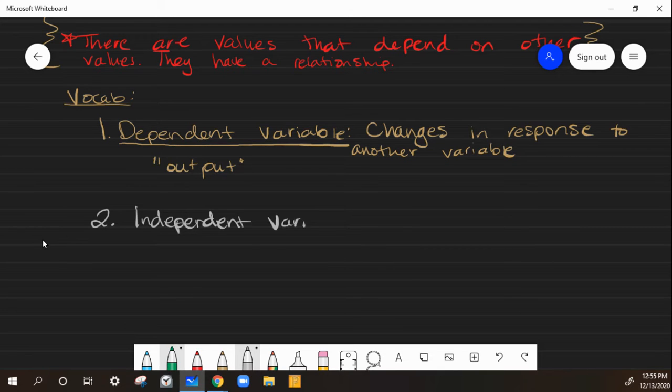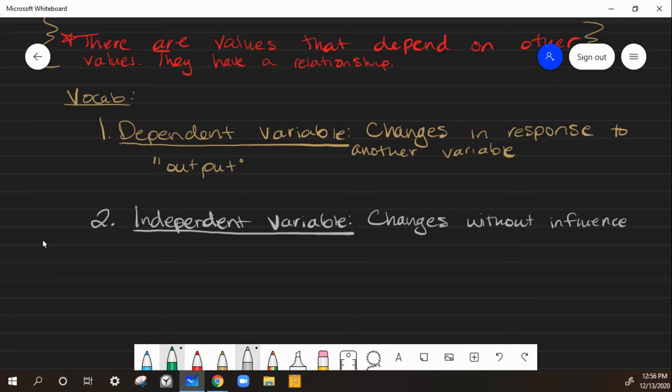Now, the dependent variable relies on what's called the independent variable. Being able to distinguish what is independent and what is dependent is very important, my dear class. Okay. But an independent variable changes without influence. So it doesn't depend on anything. For example, time. Time changes constantly. Would you agree?